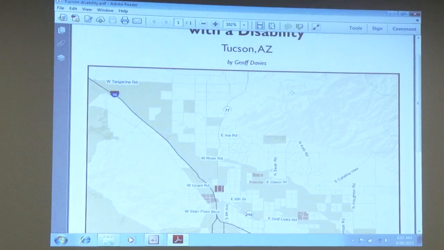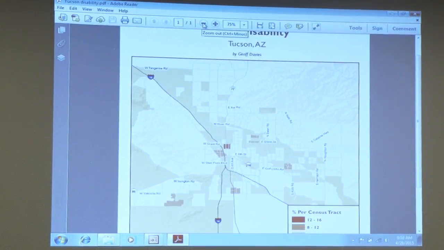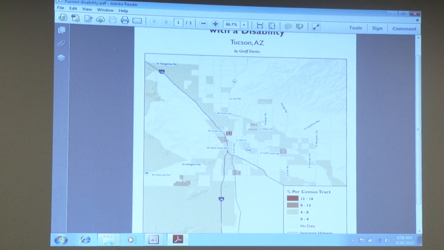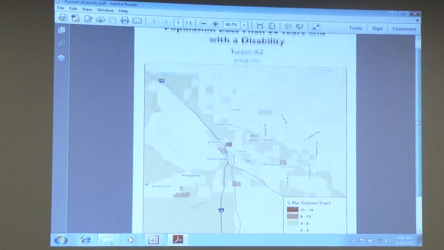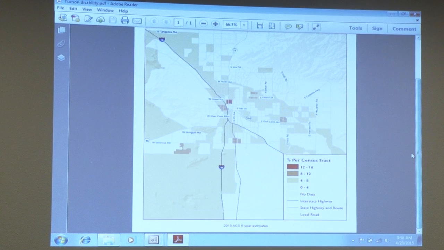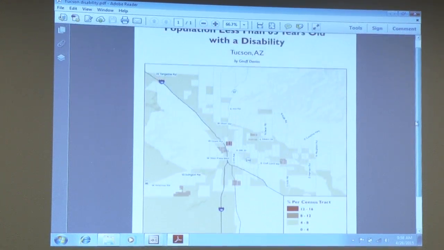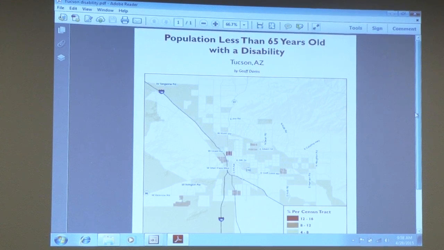Okay, so this is a map that we created using GIS and data that's available from the census. What this shows is the population of persons with disabilities under 65 years old. So this is taking out those over 65.